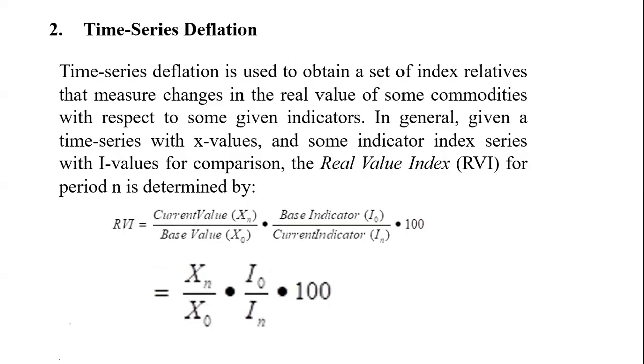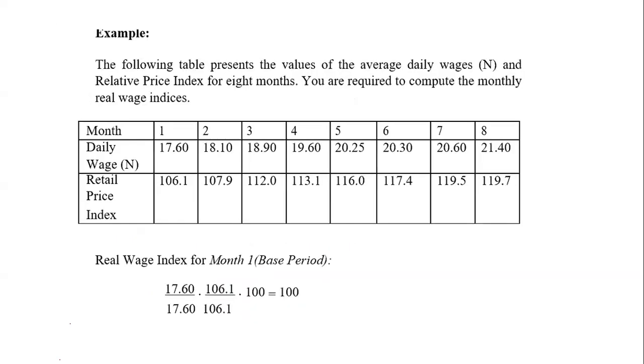So the current value divided by the base value times the base indicator divided by the current indicator, all times 100. So for the starting point, the first month, like we did in the previous example, the first year is 100%. So whatever you calculate, you should get 100. So if you like, you just write straight that it is 100%.